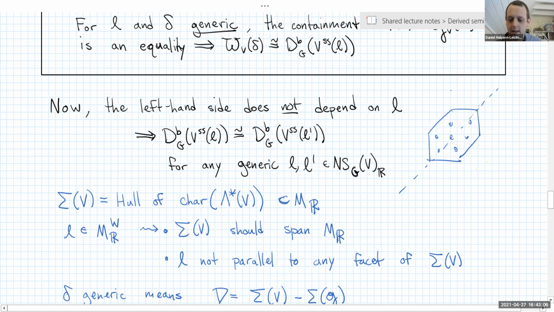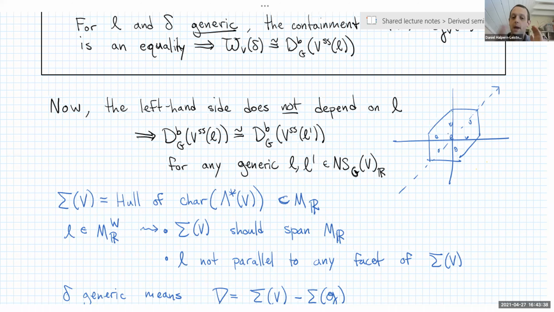So the polytope will look like this, and you'll be sliding the polytope up and down. The point is that as long as there are no lattice points on the boundary, if you take the irreducible representations of G whose character fits in this polytope, then those will give you a basis for the K-theory of the GIT quotient.